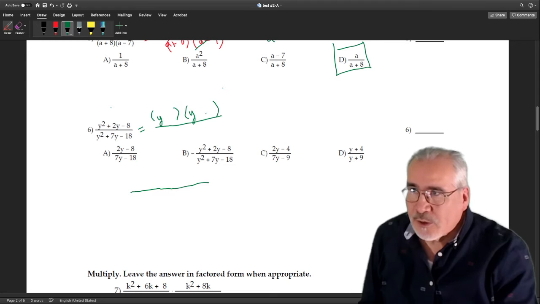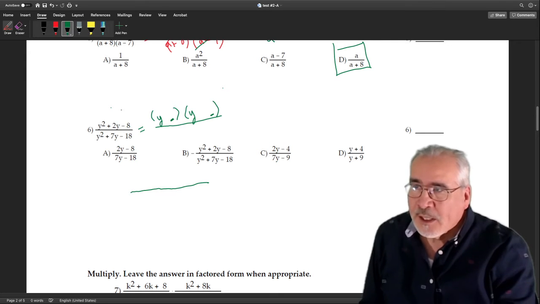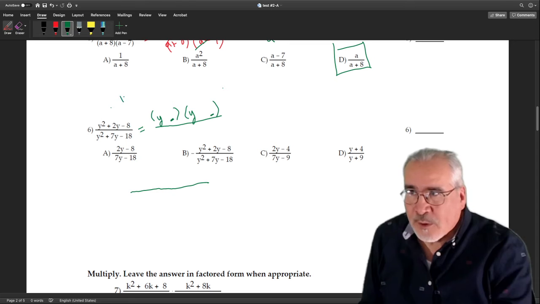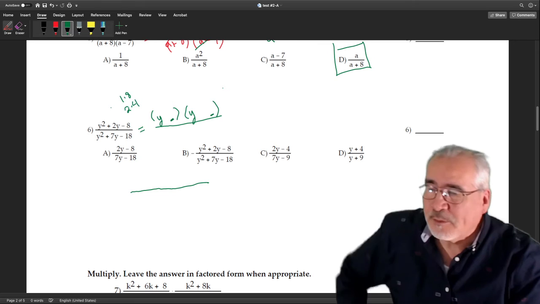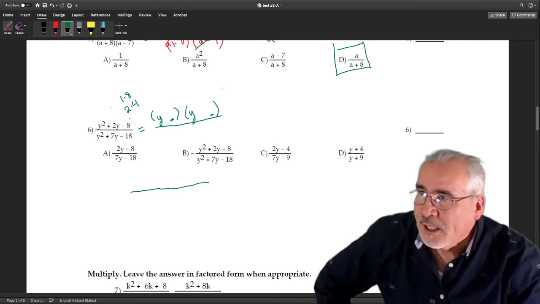The back two terms, the one that goes here and the one that goes here, when I multiply them together, I get negative 8. So I've got choices of 1 times 8, 2 times 4, or 4 times 2, but that's the same thing. That's pretty much it, isn't it?